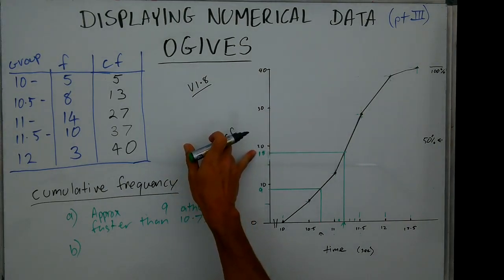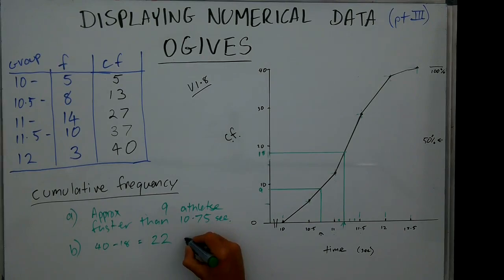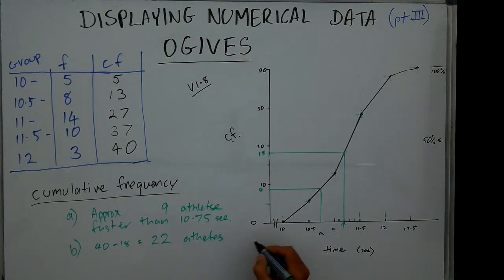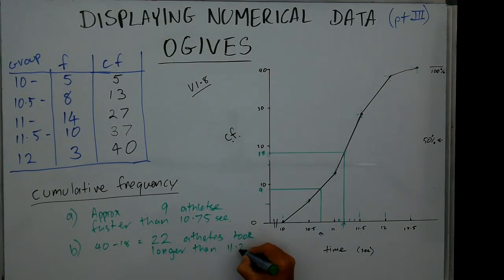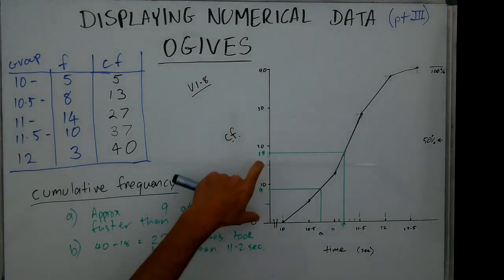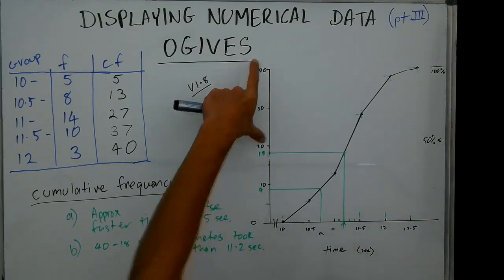So we know there were 18 who were faster. So we're going to have to do 40 take away 18, which is 22 longer than 11.2 seconds. Because we're not talking about these people, we're talking about these people because they took longer to finish the race.